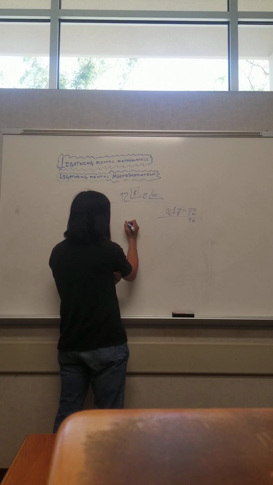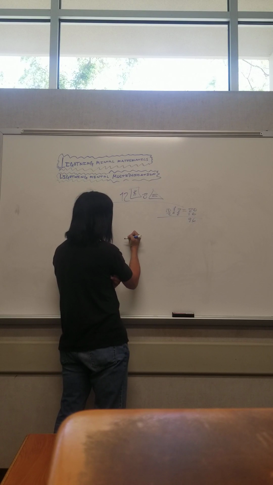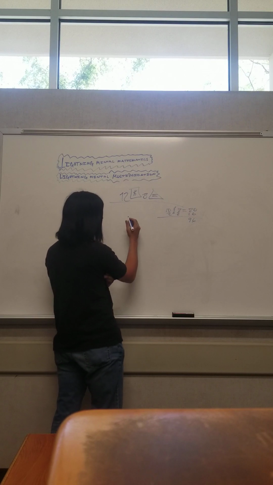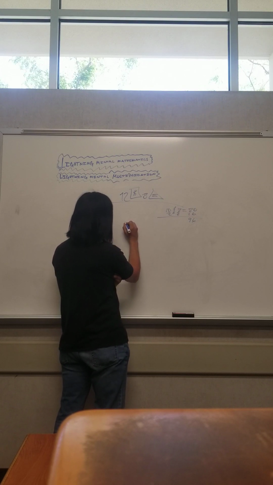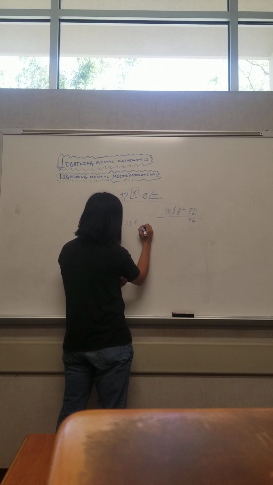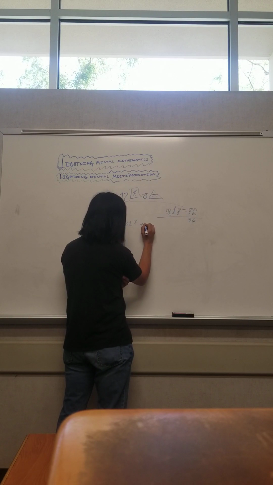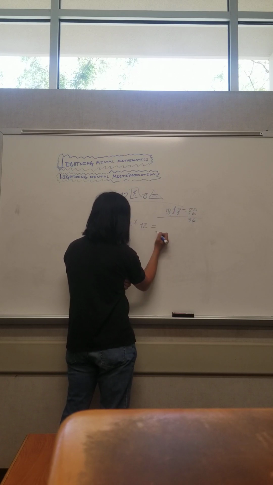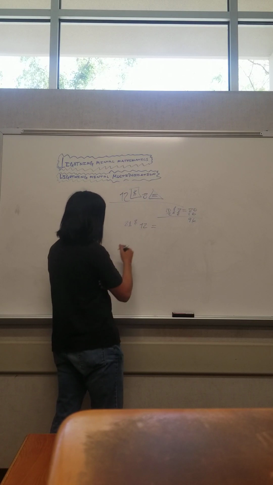And let's try it with a 2-digit number times a 2-digit number. Let's do like 81 times 12. Something very simple, something low on the base. It's all the same though, you know.